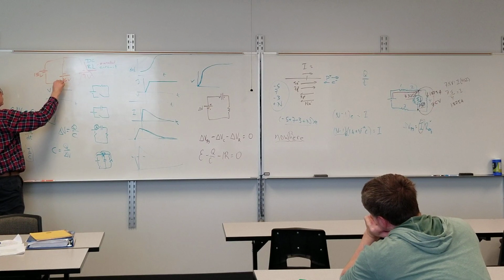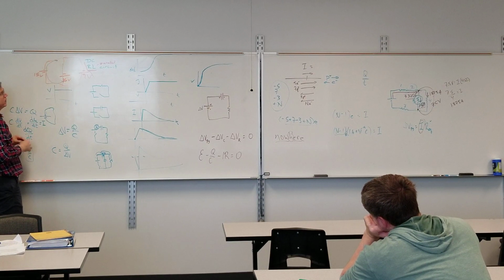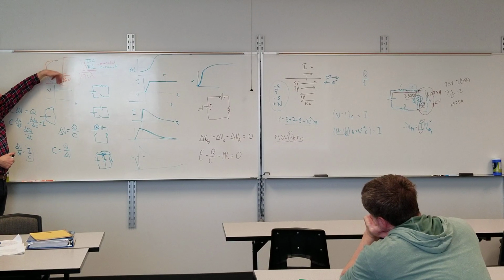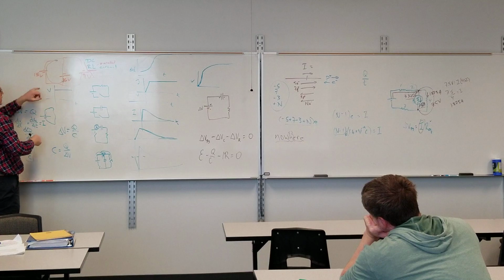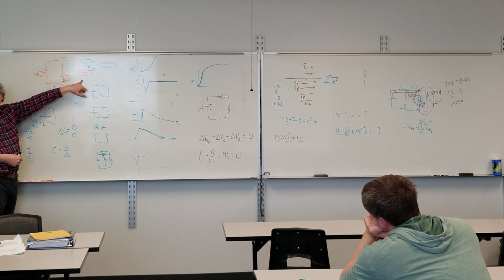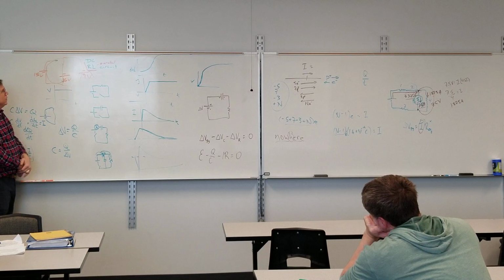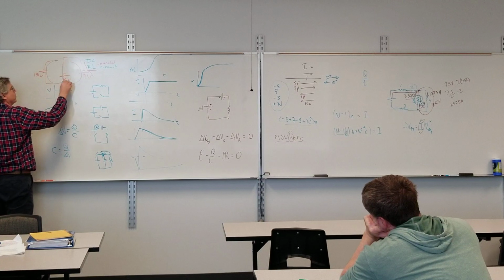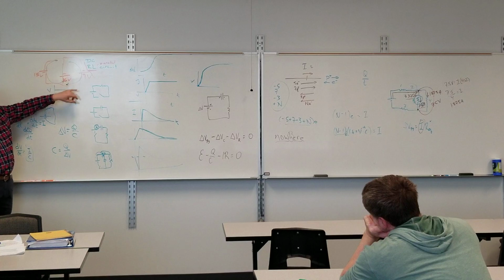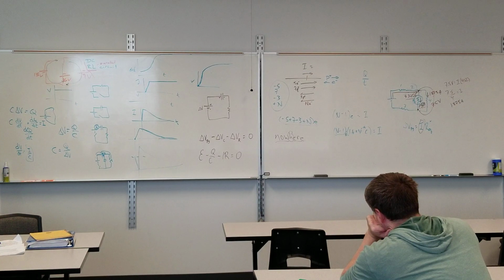Here, this is sort of helping the water flow. This, I got something fighting against it. I suspect the current's gonna flow that way, but I could very well be wrong with that one. That's the way I'm thinking through it.